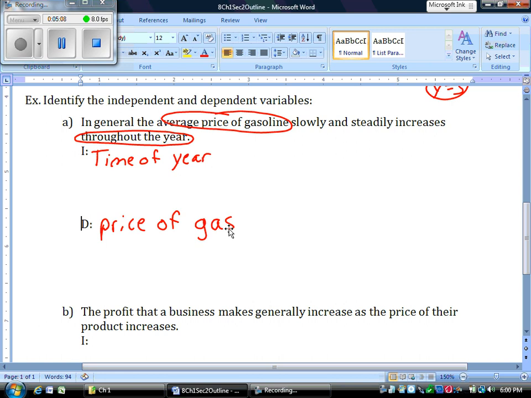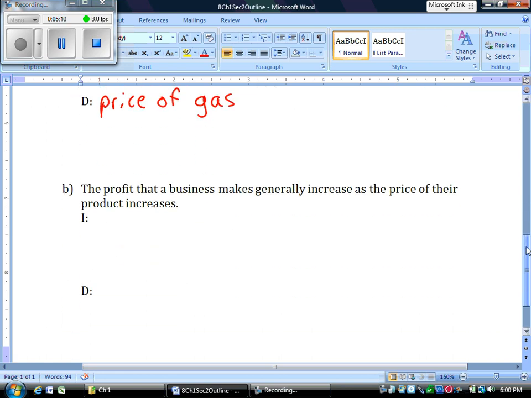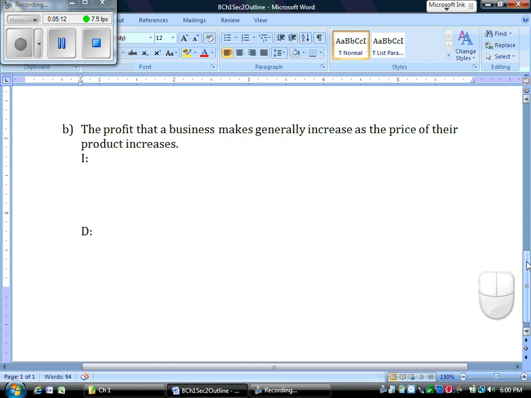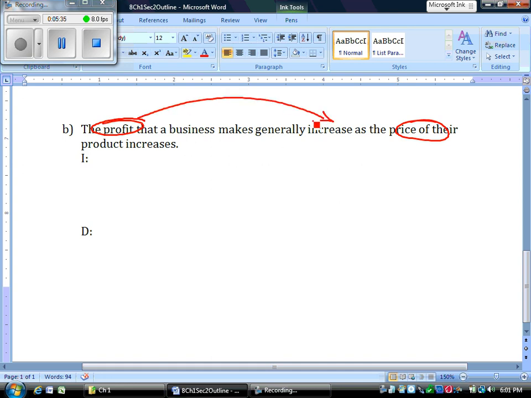Okay? If we look at the second example, the profit that a business makes generally increases as the price of their product increases. Again, find the two things that are changing, the two variables. One is the price of the product. The other is the profit. Okay? Profit increases as their price increases.